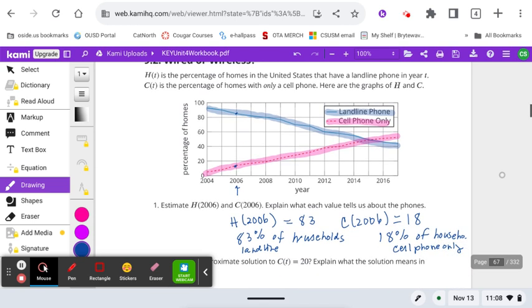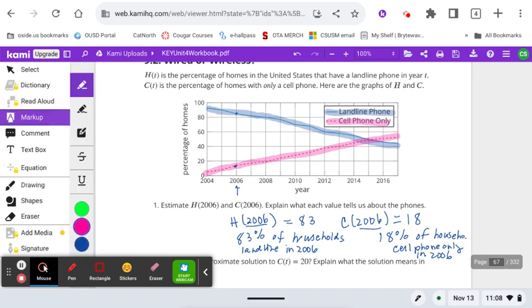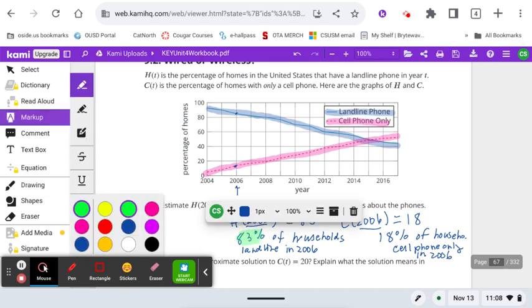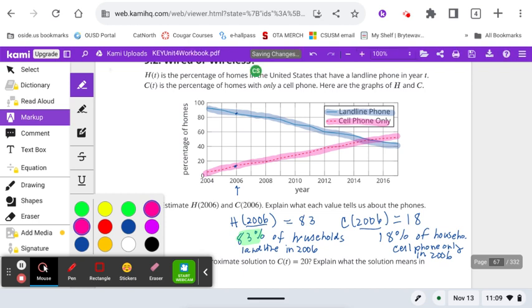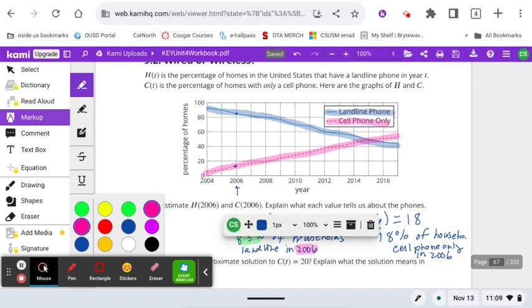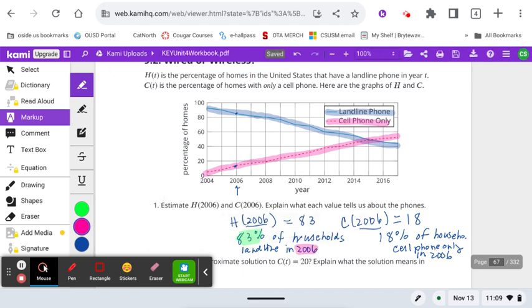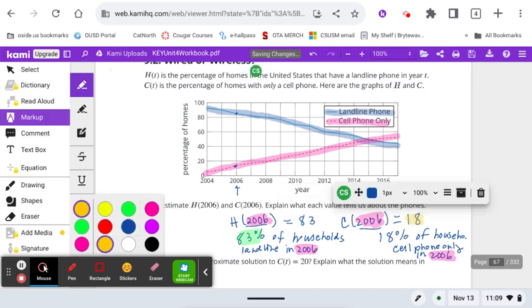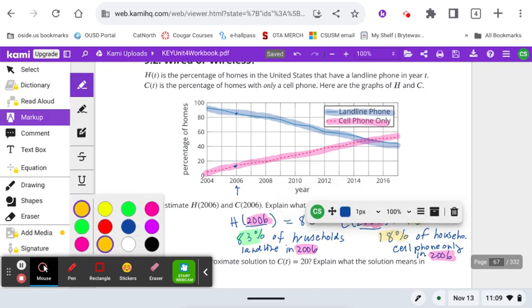And then the key part of this is that it was in 2006. That's where this part comes in. So in other words, we state that our output was this when our input was this. And this time our output was this when our input was 2006.